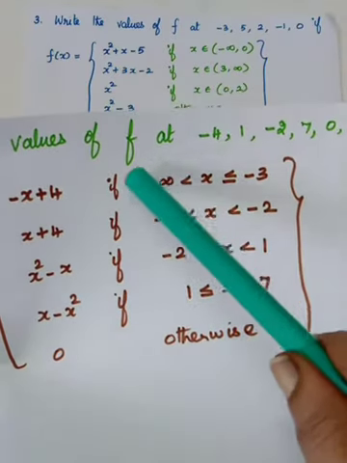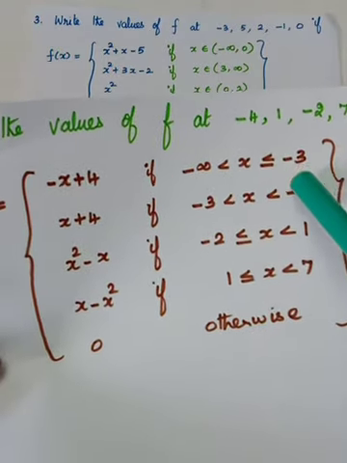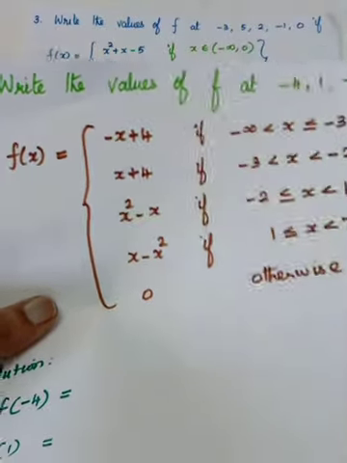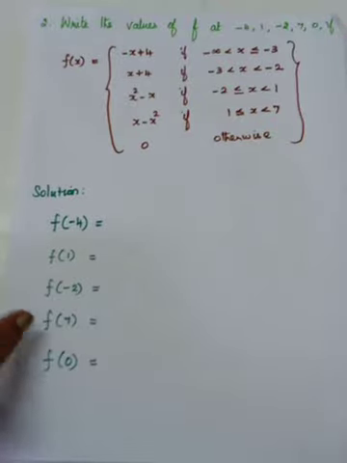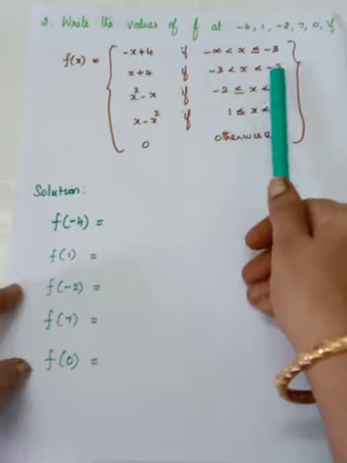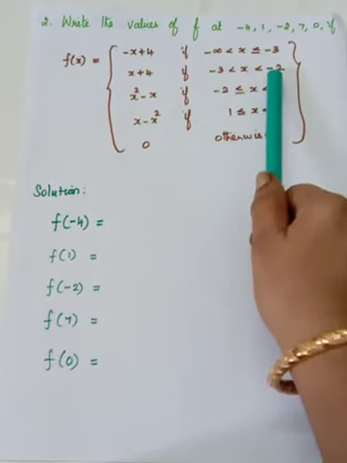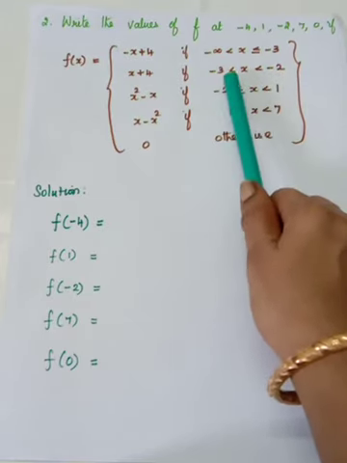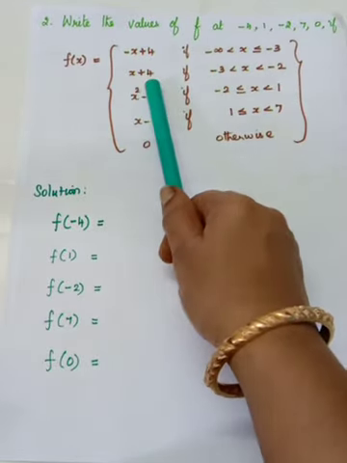So if x takes values from minus infinity to minus 3, f of x is minus x plus 4. In the next one, minus 3 less than x less than minus 2, minus 3 is not included and minus 2 is also not included. So between minus 3 and minus 2, f of x is x plus 4.